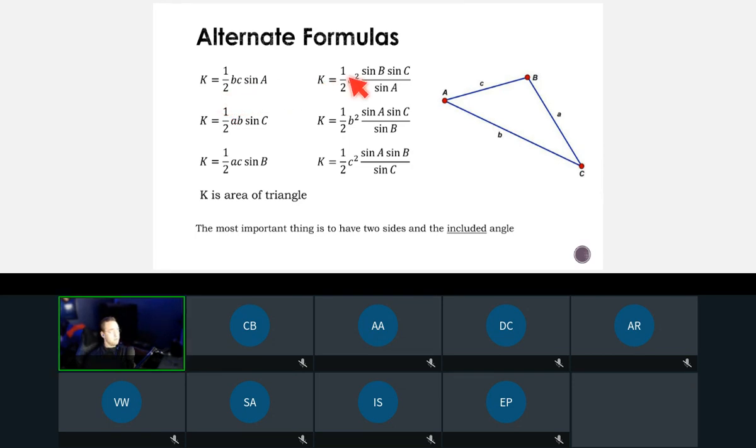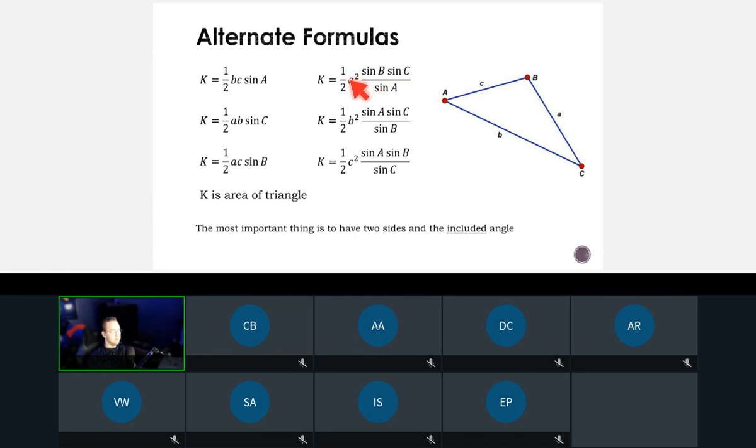If you only know one side length, but you know every angle, we would use this form here in this column. You have angle B, angle C, and angle A. And if you notice, in the denominator is angle A, and on the outside is length A. No coincidence.